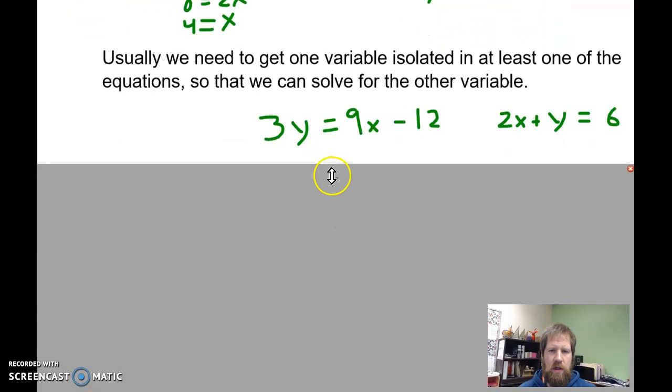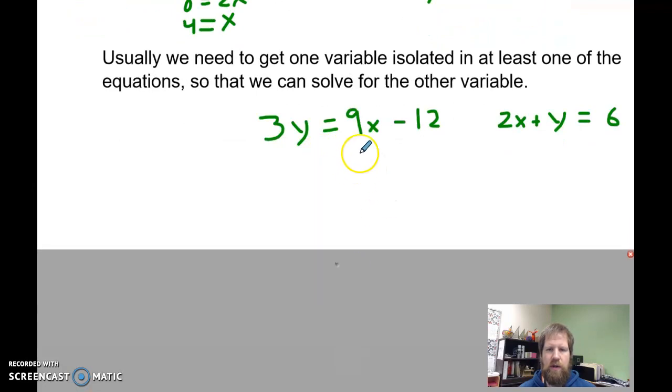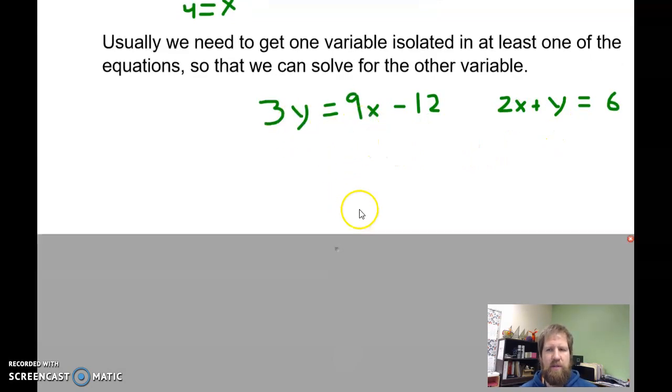Most often when we're solving these problems, we are going to have equations where our variables aren't already isolated. And that's our first step, to isolate those variables.